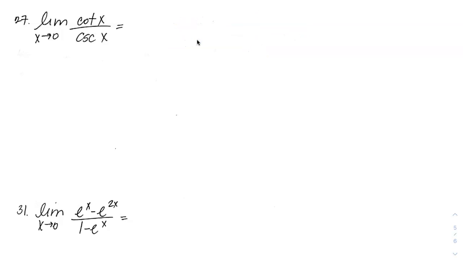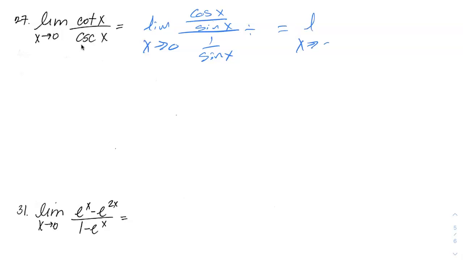So how do I solve this? Well, how goes your trig? We're going to take the limit as x approaches 0. Cotan is cosine over sine. Sine over cosine is tan, so cotan is cosine over sine. Cosecant is 1 over sine. This is a divide sign, so rewrite it: limit as x approaches 0 of cosine x over sine of x divided by 1 over sine of x.